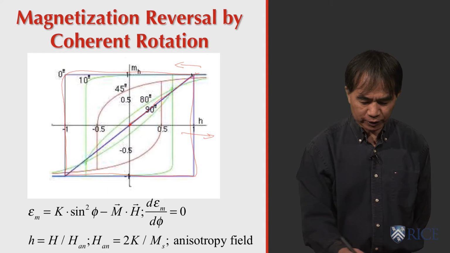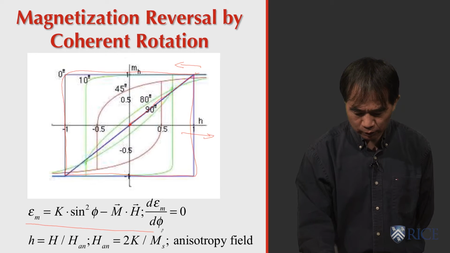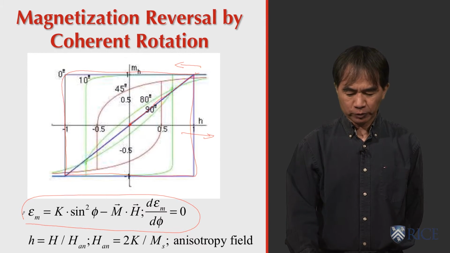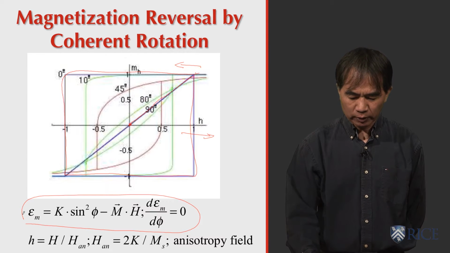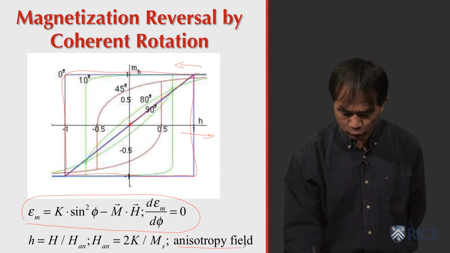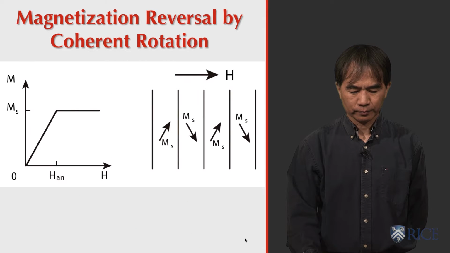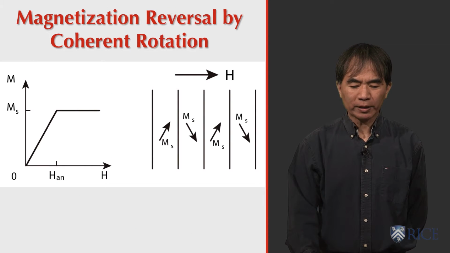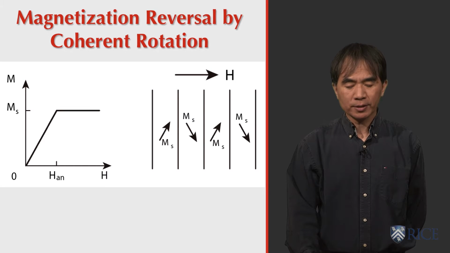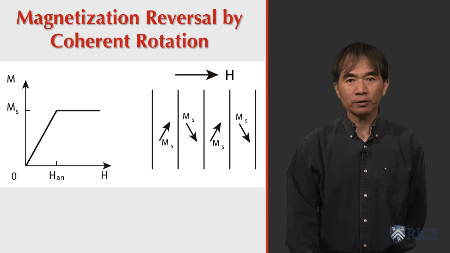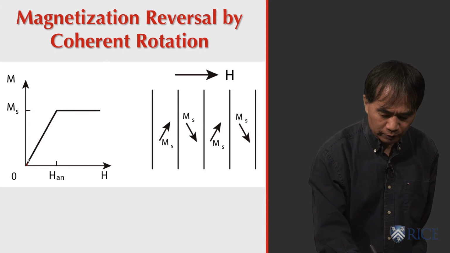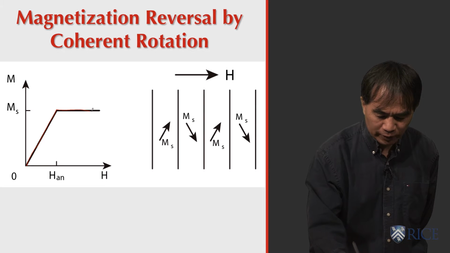The energy for this is related to this equation. We'll discuss it a little bit in our later discussion, and this is what we call the anisotropy field. Typically, magnetization reversal by coherent rotation means that as you gradually turn on the external magnetic field, you initially increase the total magnetization, and then finally you saturate.